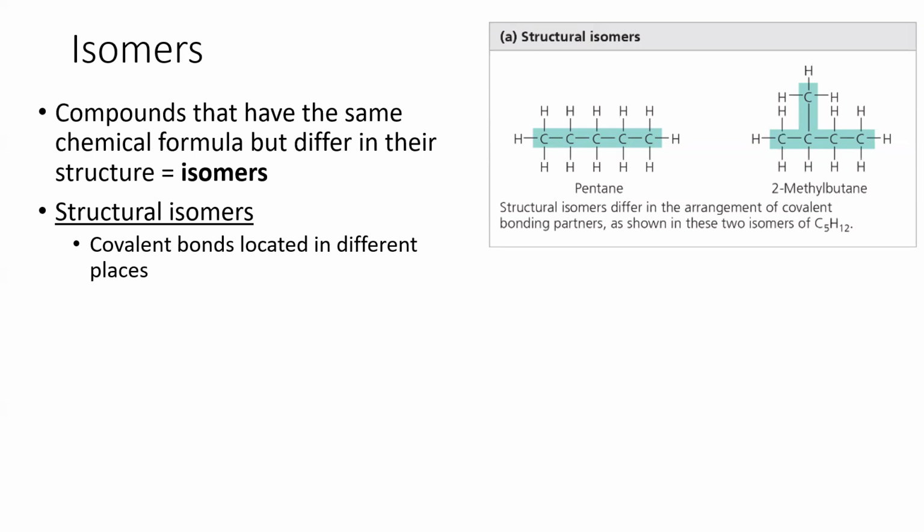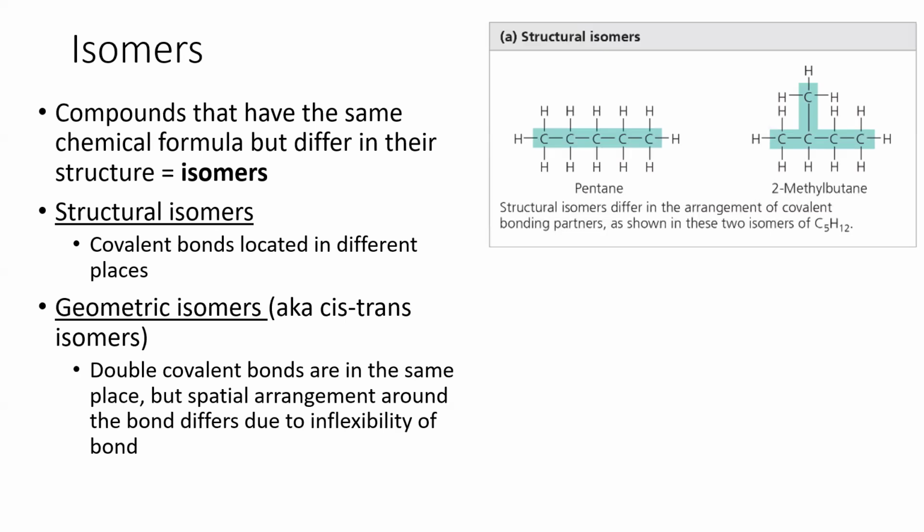With pentane, the carbons are all bonded together in a linear structure, whereas with 2-methylbutane, the 2 is referring to where that carbon is bonded off the chain. We can see they have the same chemical formula, the same number of carbons and hydrogens, but what makes these different molecules is the location of those bonds. So these are structural isomers.